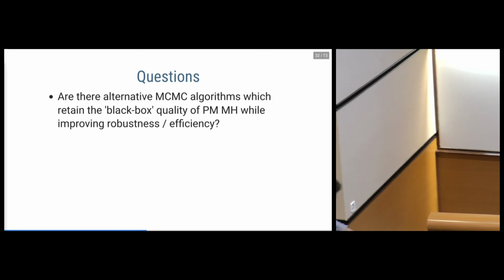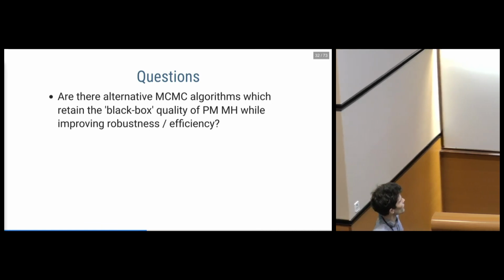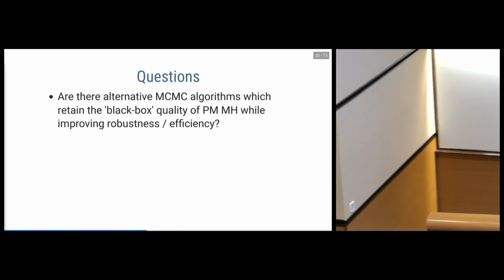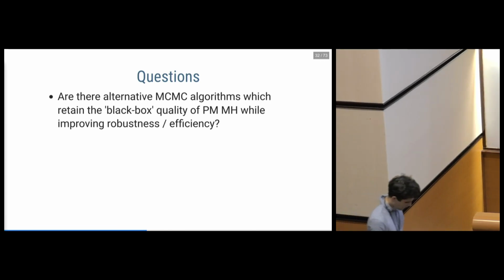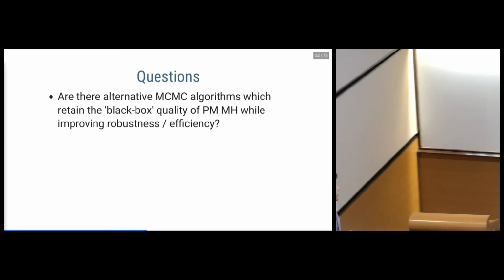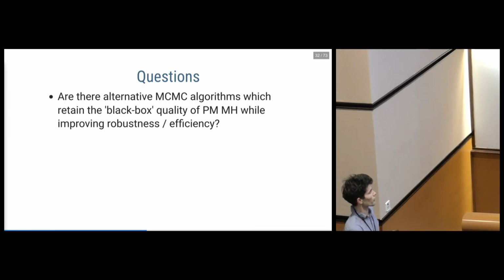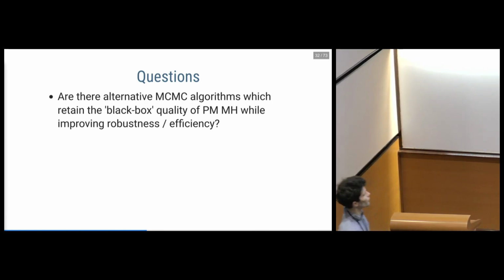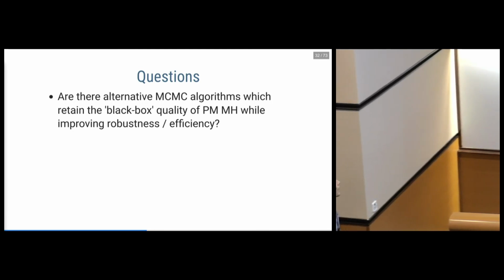So just to conclude this initial section, these are questions I'll hope to try and follow up in the next part of the talk. So we've considered the specific form of Markov transition operator defined on this augmented space, defined by the pseudo-marginal Metropolis-Hastings algorithms, which, as we said, have this nice property of being quite black box, so we didn't need any explicit knowledge of these U variables or their distribution.